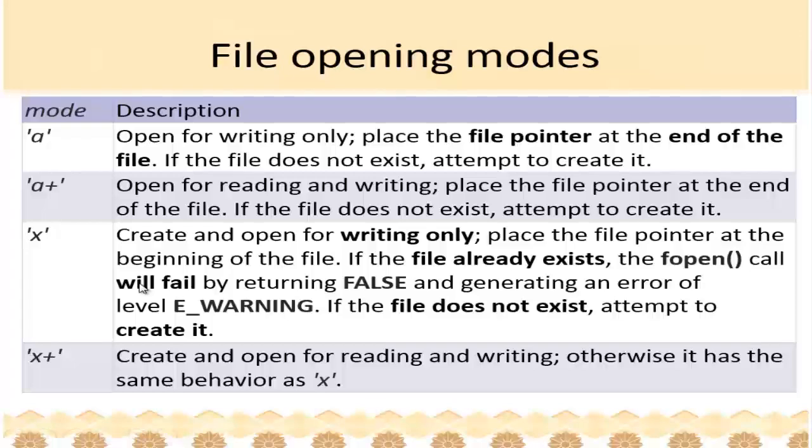If the file is already there, it will stop and say it will not proceed. X plus is meant for both reading and writing, and has the same significance. So if you want to check whether the file exists, and you don't want to truncate it, you can just use the X mode.